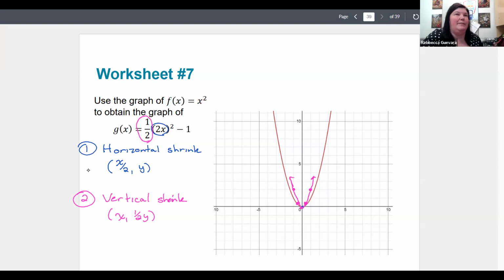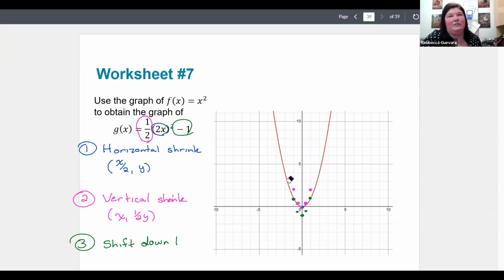Then my last bit is that I'm subtracting by 1 on the outside, so we're going to shift down by 1. Let's come down here. This is at 1/2, so it shifts to negative 1/2. 1/2 shifts to negative 1/2. This is at 2, so it's going to shift down to 1. This is at 2, it's going to shift down to 1.